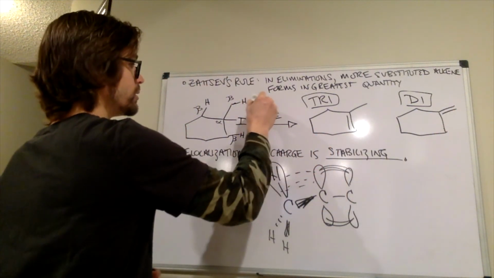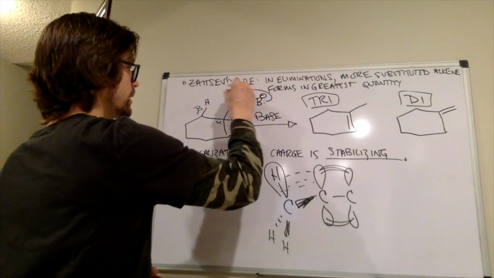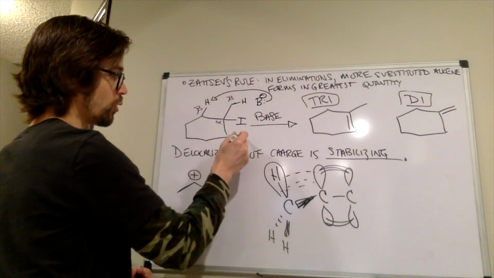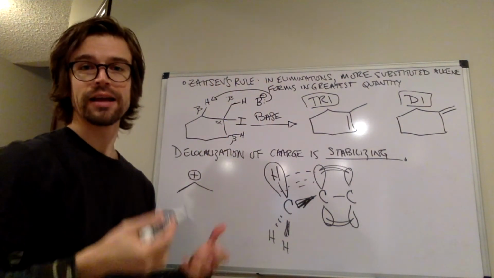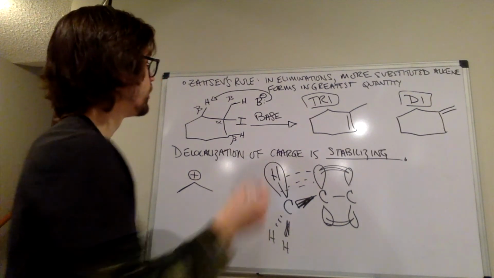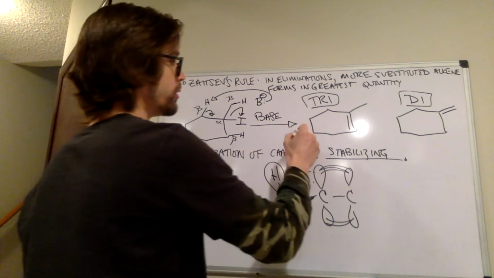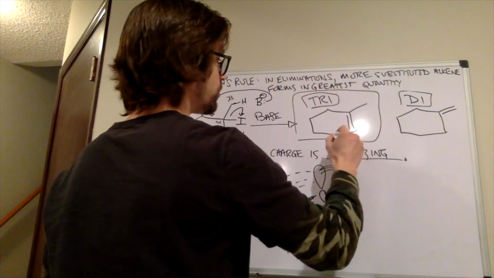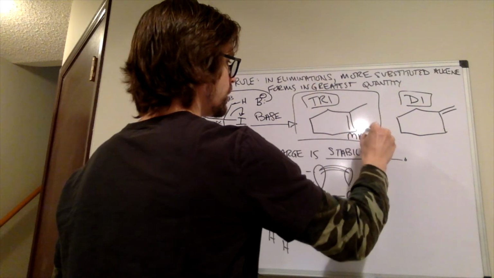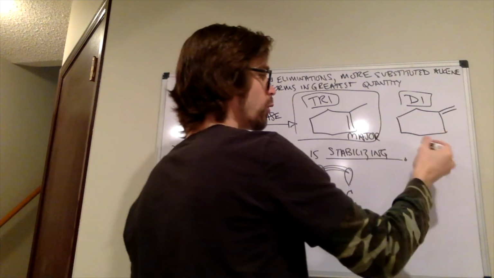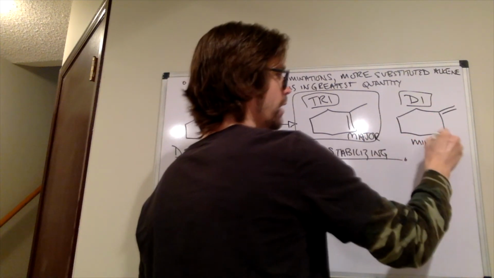The base is going to, in a greater quantity, grab that hydrogen or that hydrogen. Either of them are going to make the same molecule. Electrons would go down there, kick out the iodide to produce this as the major product. And there will be some of this formed as well, but it'll be a minor product.